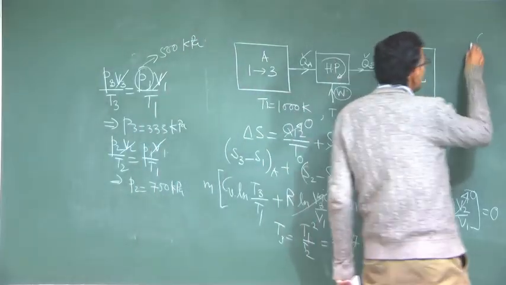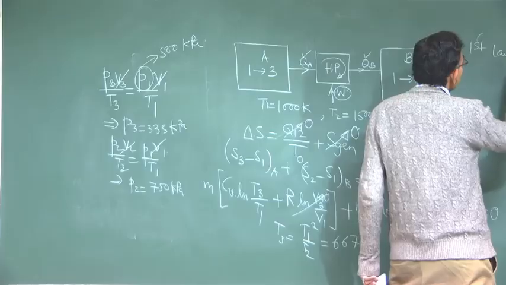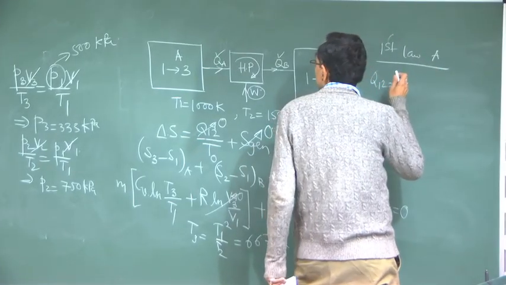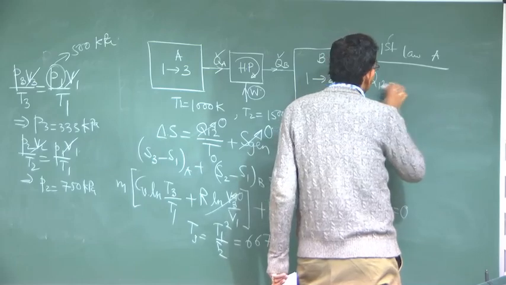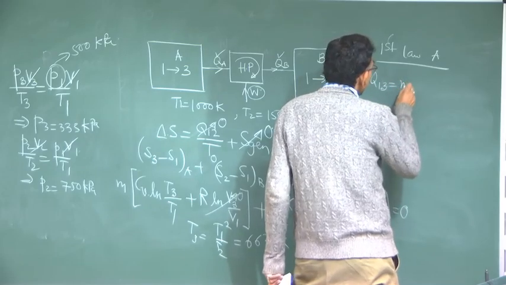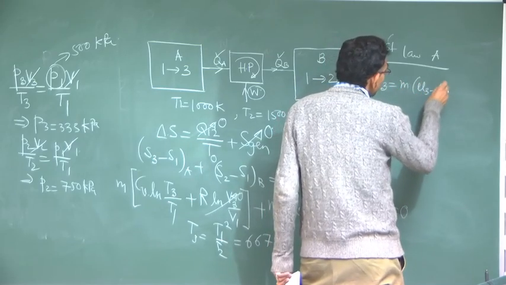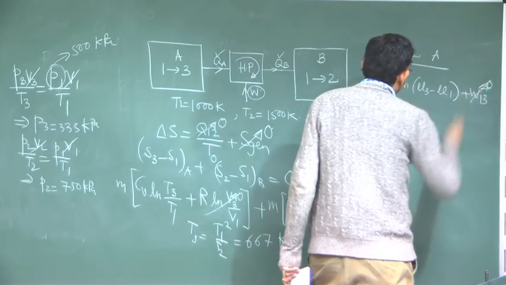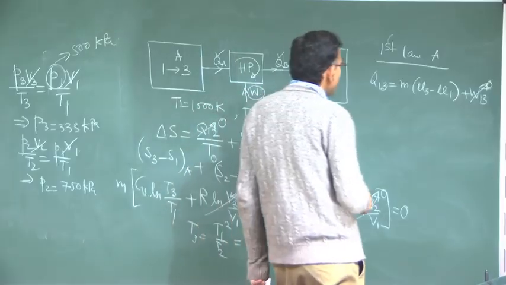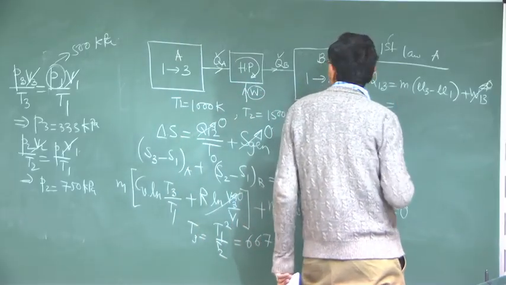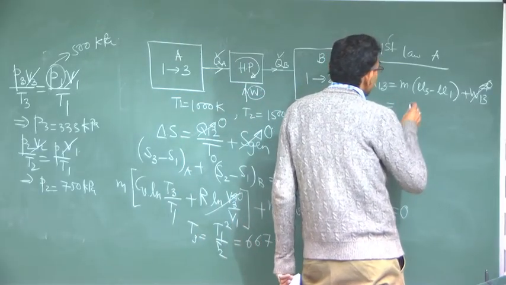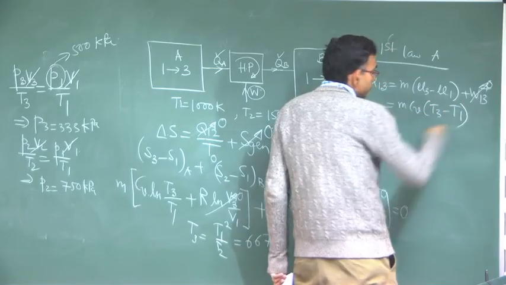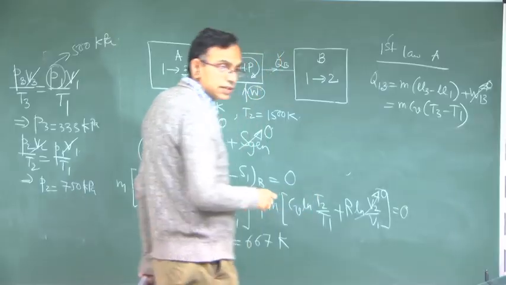So, first law for A. So, Q13 is equal to M into U3 minus U1 plus W13, W13 is 0. So, U3 minus U1 is equal to M CV into T3 minus T1, right. M is 10 kg.